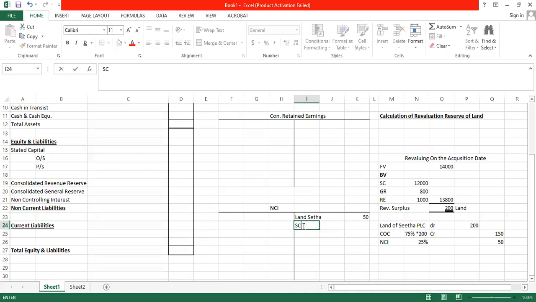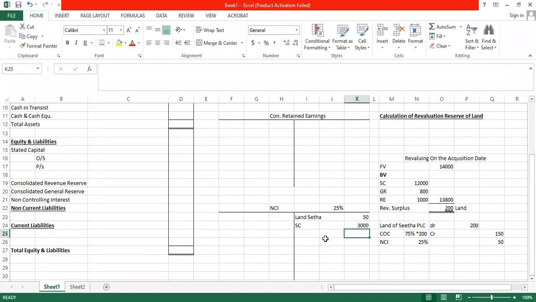It's 25%. That part goes to the non-controlling interest. So again from the 12,000 you have to multiply by 25%. So 3,000 goes to non-controlling interest credit as it is an equity item, right?